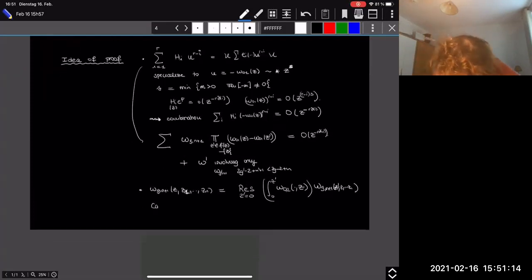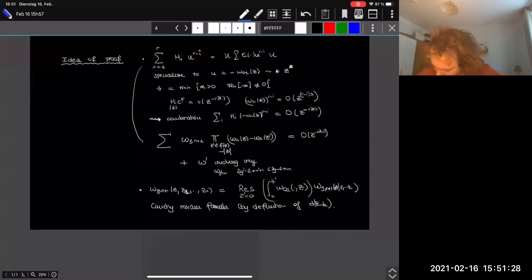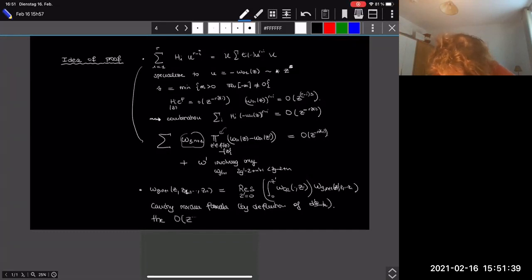So it's a Cauchy residue formula, which holds by the way you defined the dxi minus k. And now you isolate omega gn. So you divide by this, you put everything on the other side, and the big O that you don't really know doesn't contribute to the residue, because the pole which may exist here is compensated by the possible zeros that you have from these differences.